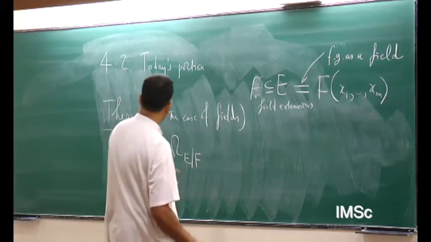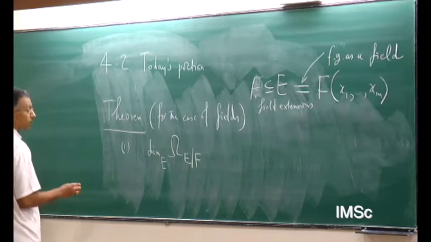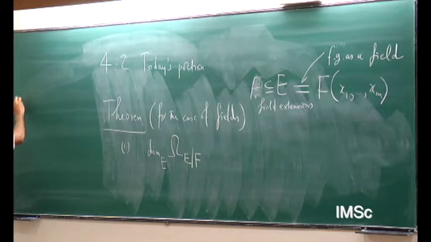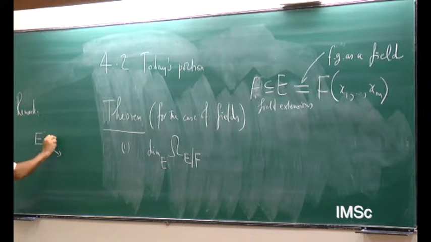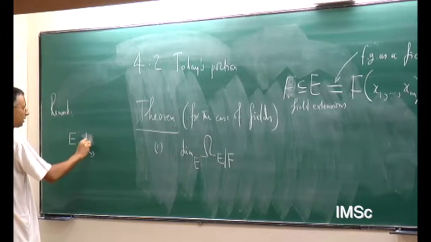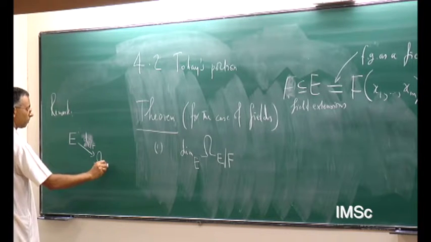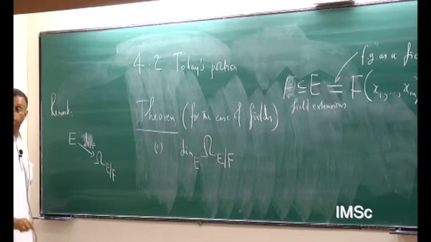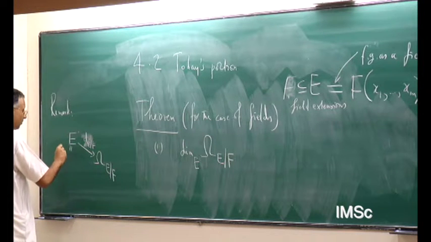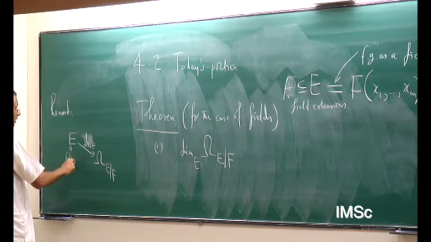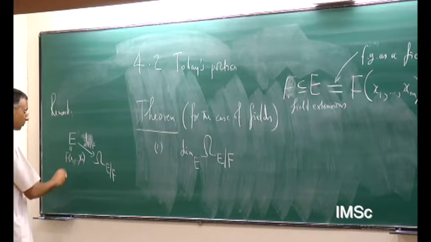Right, indeed. So notice, again this is not remarked at all. So the remark is that if I have a derivation D from E to F, this is my universal derivation, right? This is F of x1 to xn, xm. Notation is fixed.